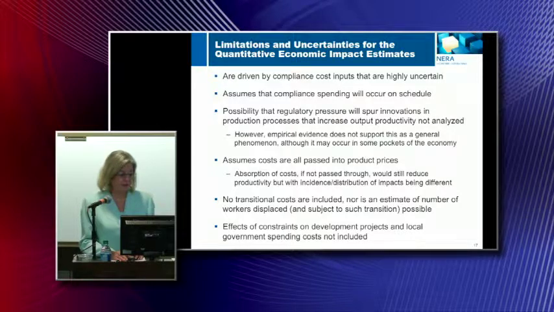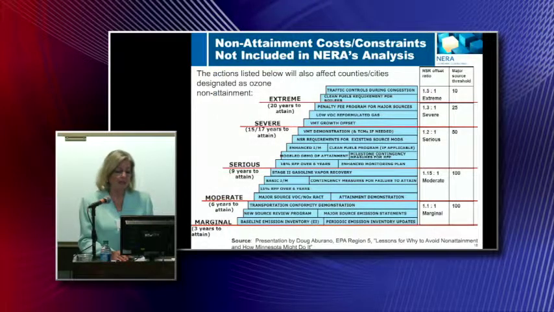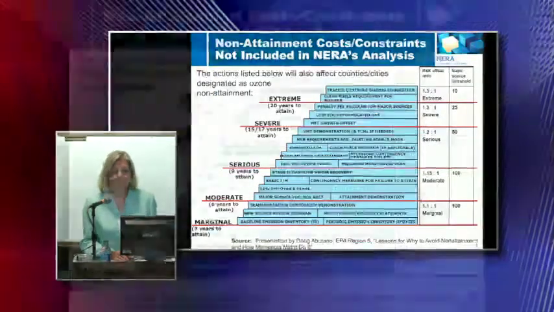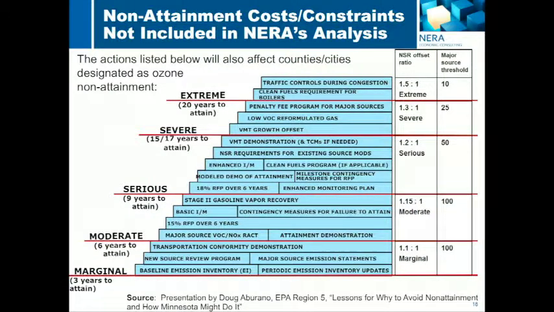due to reduced productivity. And we haven't included, to go back to Andrew Huxma's comment, the effects of constraints on development projects in regions that are in non-attainment, nor local government spending costs. We haven't done anything to change tax rates in order to fund subsidy programs, for instance, which would have a whole kind of effect of their own that we just simply didn't analyze. This is my diagram showing all the things that we didn't include, depending on the severity level of your non-attainment.